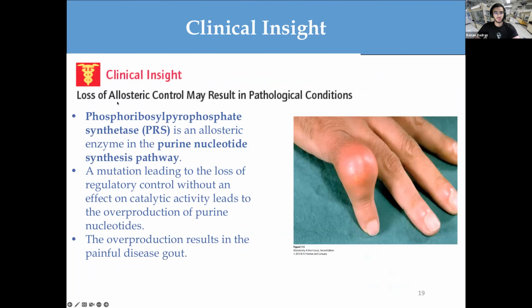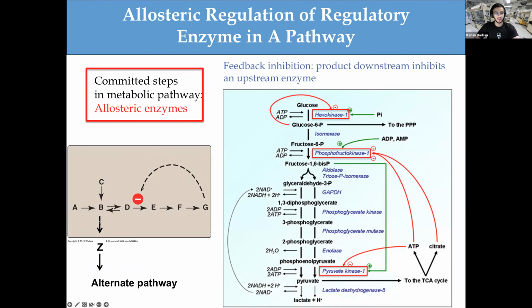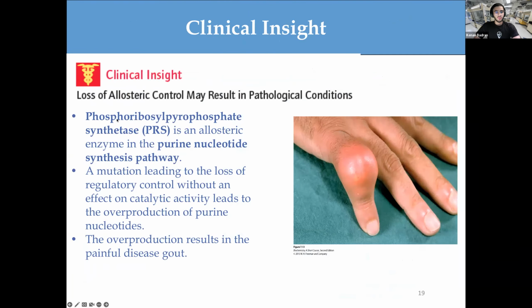Now, clinical insight. PRS is an allosteric enzyme in the purine nucleotide synthesis pathway. A mutation leading to the loss of regulatory control without an effect on catalytic activity leads to the overproduction of purine nucleotides. The overproduction results in the painful disease gout. Basically, gout is these crystals you'll find in the joints.